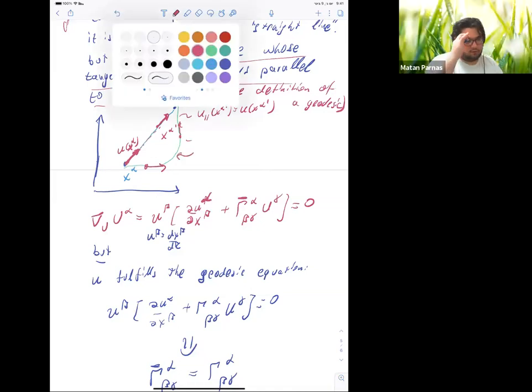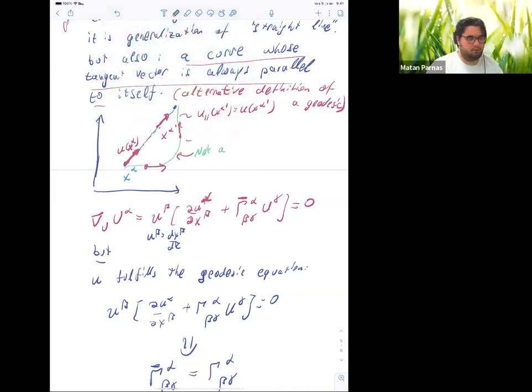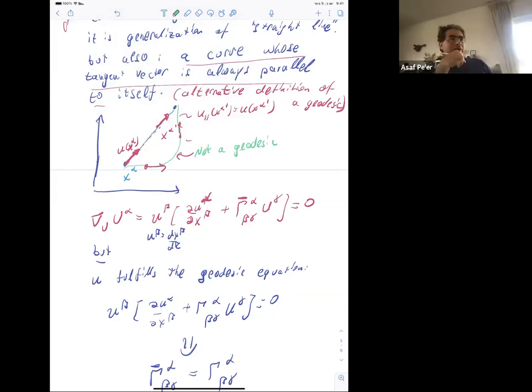So basically, the geodesic equation is just a way to say the extremum of a covariant derivative. Why maxima? A minima, 0. Or a minima, yeah.